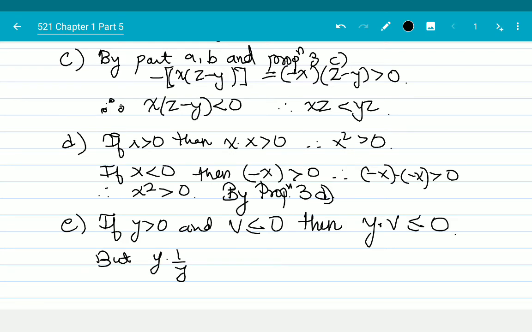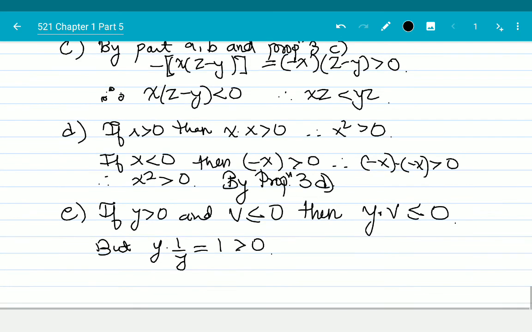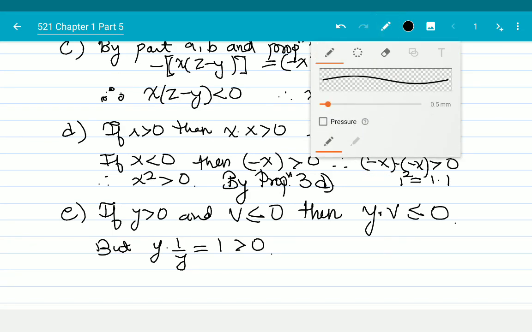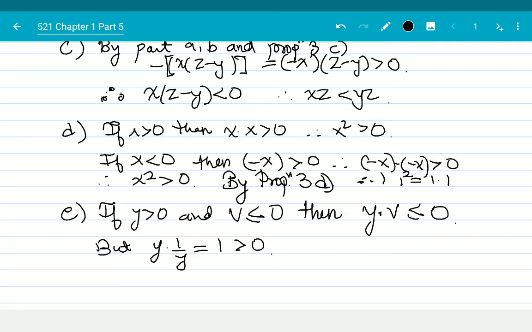But y times 1 over y is equal to 1, which is greater than 0, right? In particular, this is true because 1 squared is 1. Therefore, 1 squared is equal to 1 times 1 is greater than 0, which is just 1, sorry.